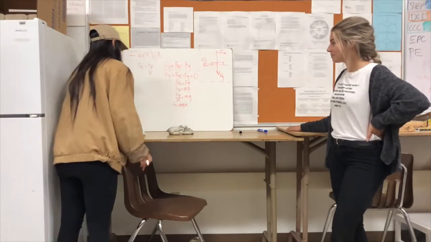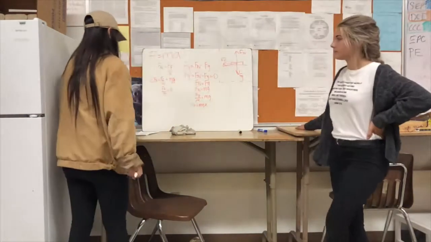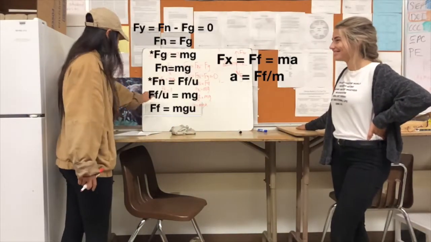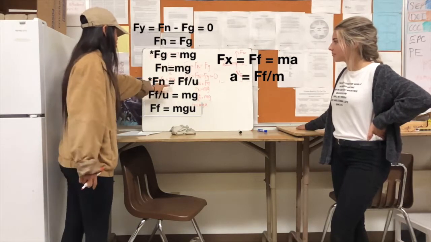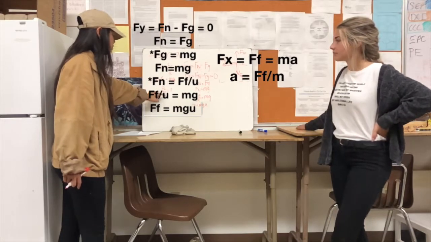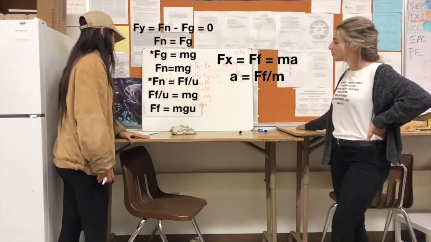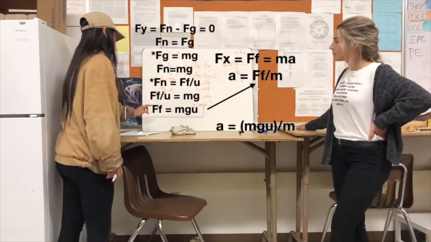Okay, so when summing the forces in the x direction, F_f equals ma. So then we can divide m for both sides and have F_f over m equals acceleration. So now we can plug in this equation into F_f.